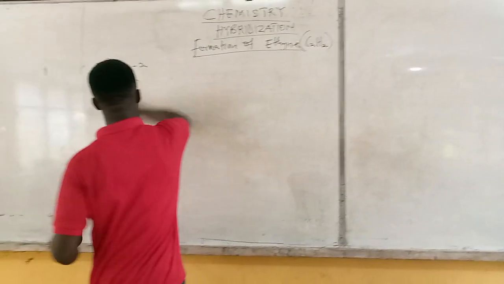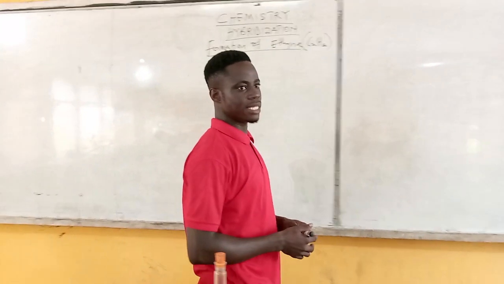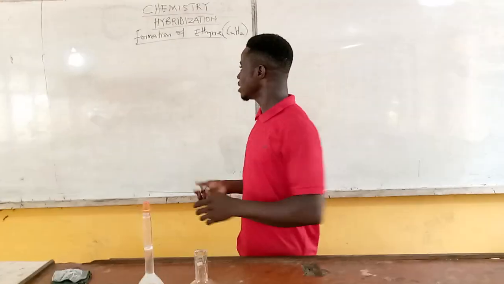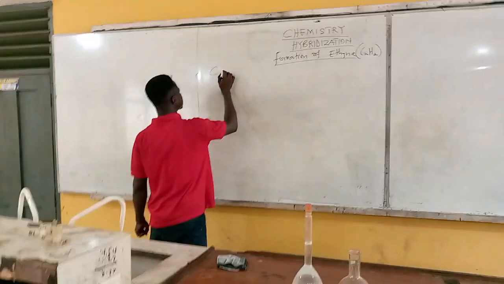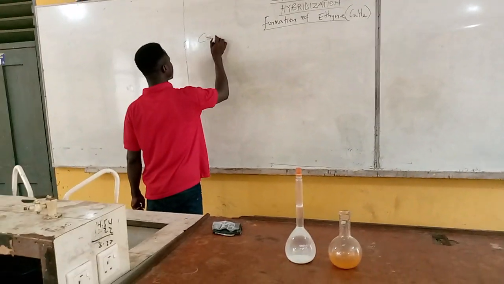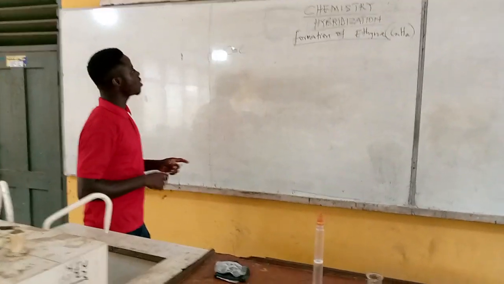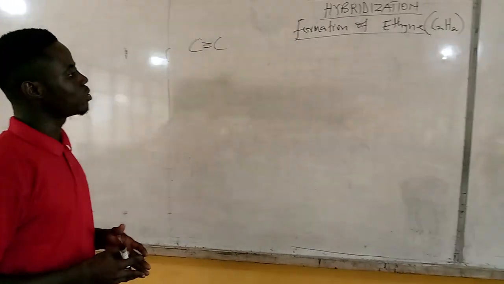One thing we need to understand about Ethyne is the type of hybridization that exists between the carbon-carbon atoms. Look at this. This is a triple bond. So it means Ethyne has one sigma bond and 2 pi bonds.